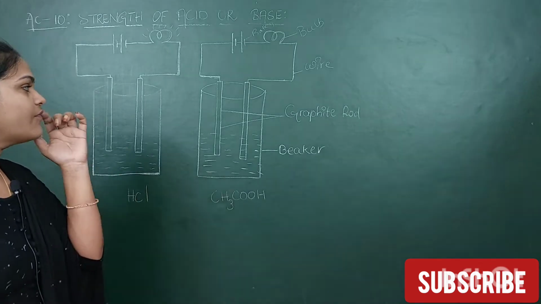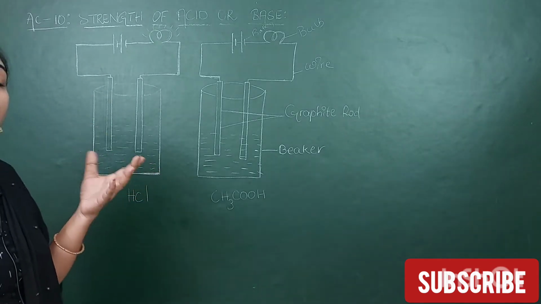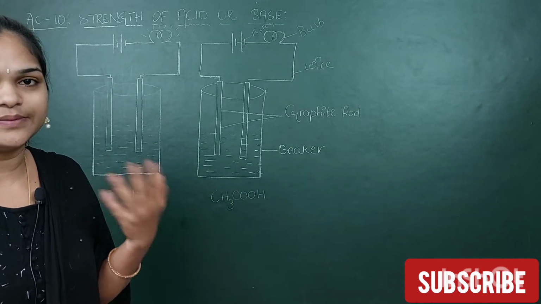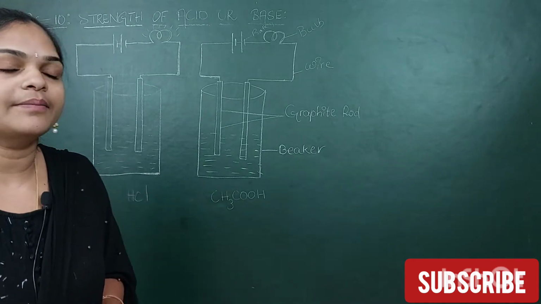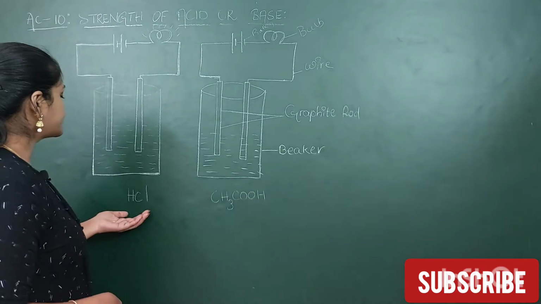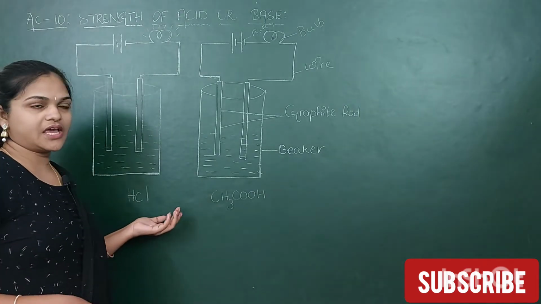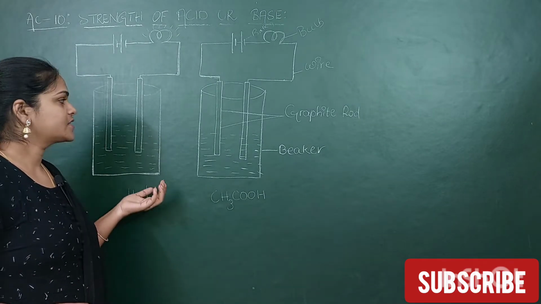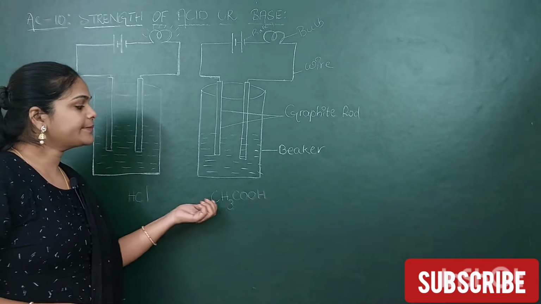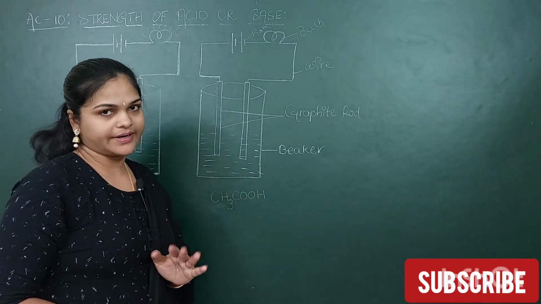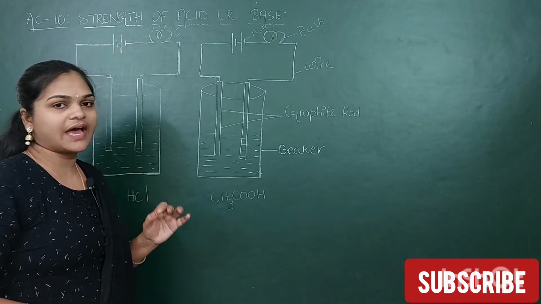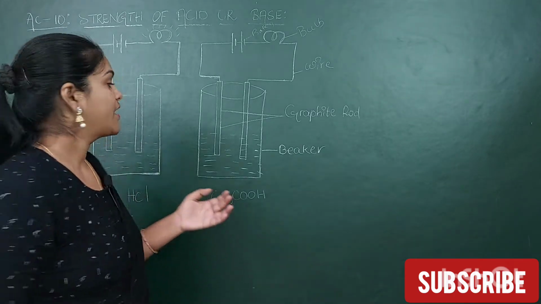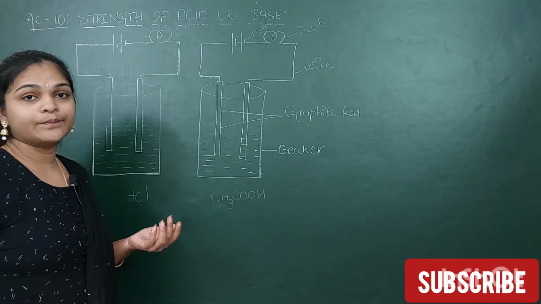When they are glowing, you have to observe the brightness of the bulb. The first beaker, A, will have some brightness and beaker B will have some brightness. When you compare both, beaker A will have more brightness.